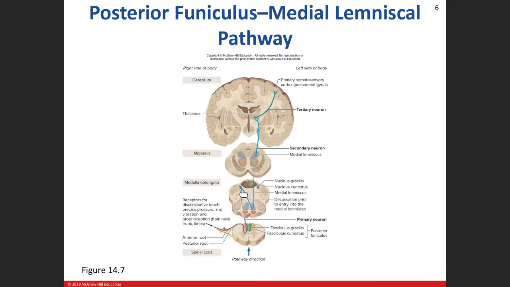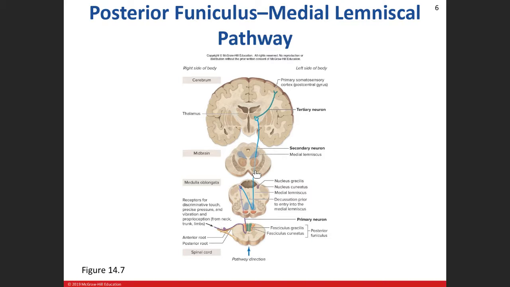All right, so here's our primary neuron. It's synapsing onto our secondary neuron in either the nucleus gracilis or the nucleus cuneatus. Then that secondary neuron is going to cross over, so it's going to decussate. It's going to cross over into our medial lemniscus, and then it's going to travel all the way up.